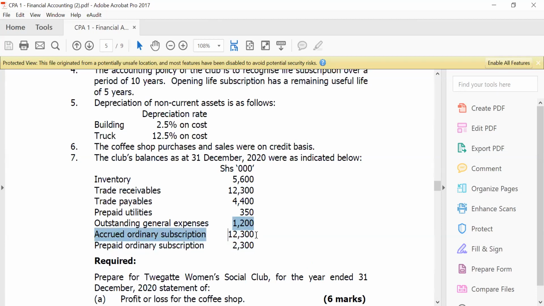Now, the outstanding subscriptions are the so-called accrued ordinary subscriptions. Ordinary subscriptions, accrued ordinary subscriptions, the same word for outstanding. So this 12,300 is what I have as my outstanding.